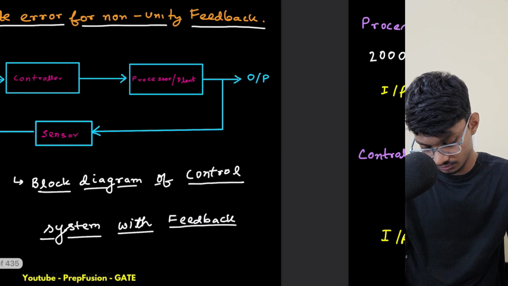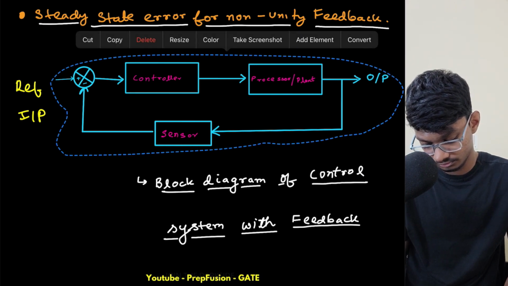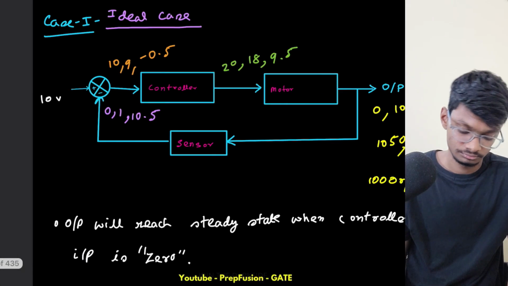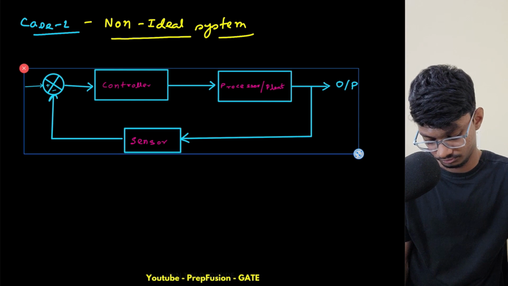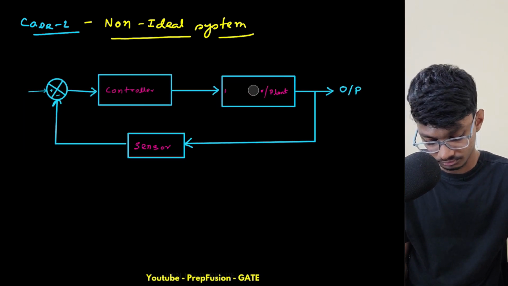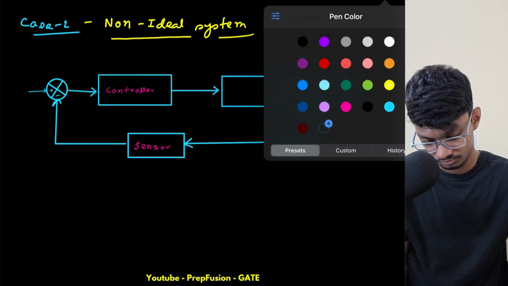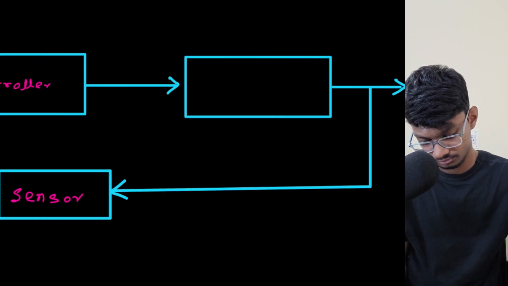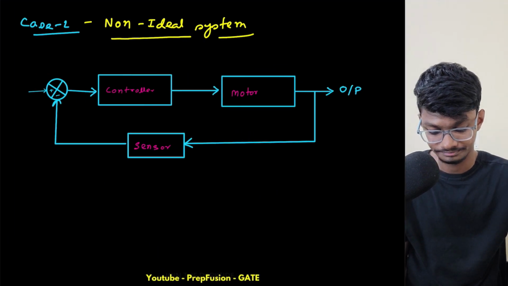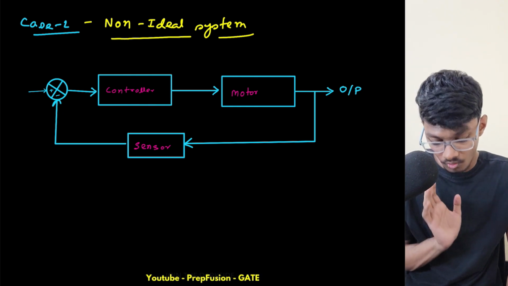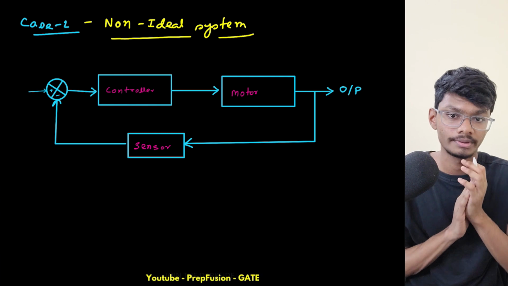Here is the block diagram. This is the motor. Again, my system is non-ideal this time. What do I mean by non-ideality?